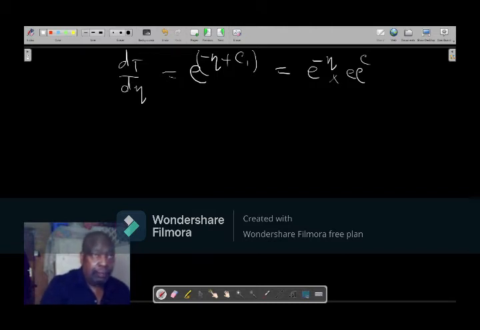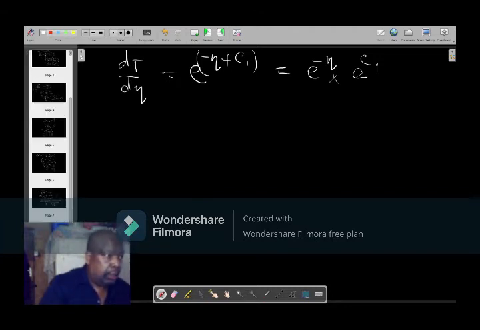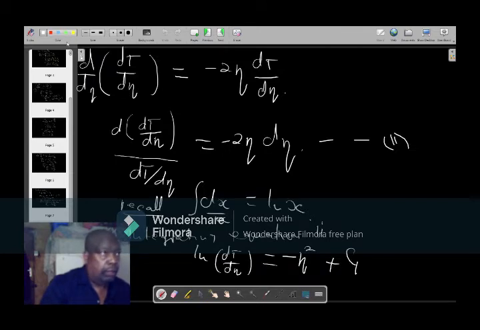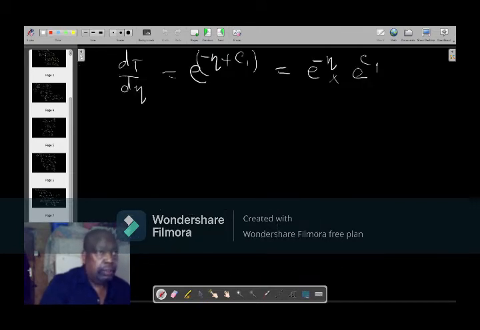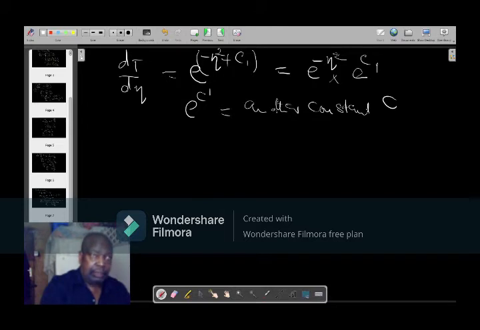And note that e raised to the power of c1 is equal to another constant that we can denote by just c.